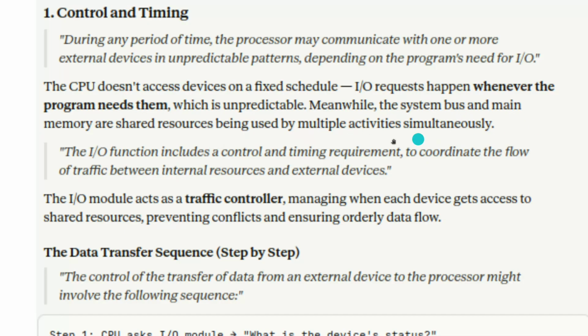Now we have said that there is a system bus. The system bus is transferring all the data the CPU requires from the external device, from the IO module to the CPU. The system bus and main memory are shared resources used by multiple activities simultaneously. A lot of resources are shared, present in the system bus and main memory.